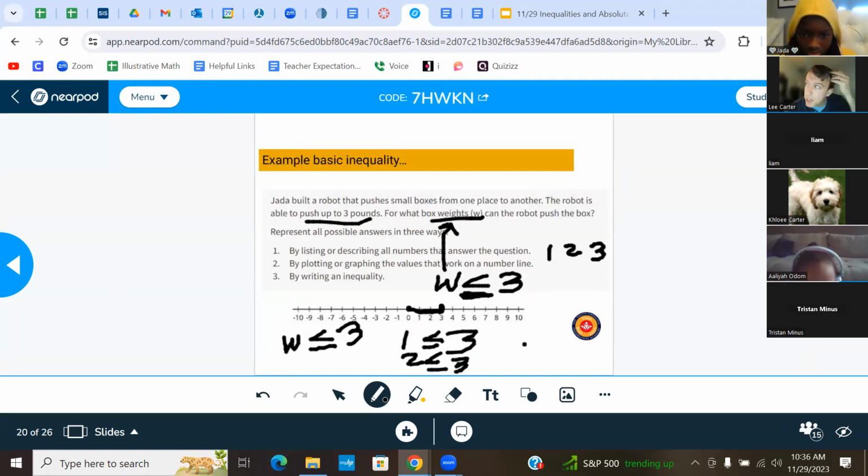Hopefully that will help you understand what I mean by the little price of books problem. Because technically, if you think about it, Mr. Robot Guy could push 2.99 pounds, right? He could push 2.99. All right. Just like less than $5 includes $4.99. Okay. All right.